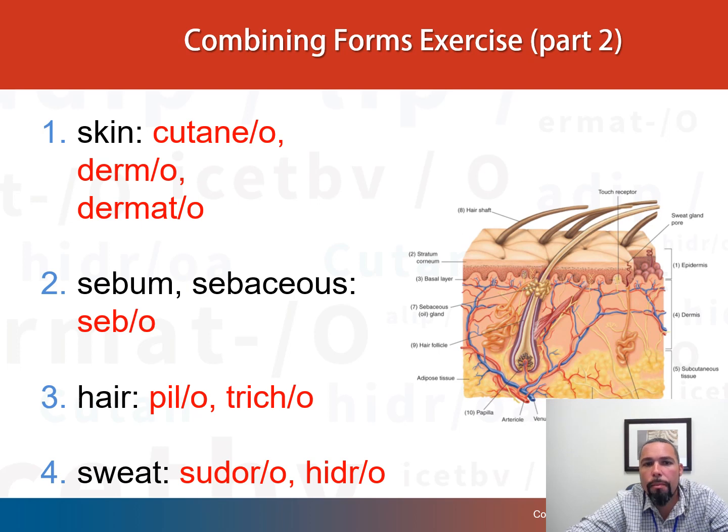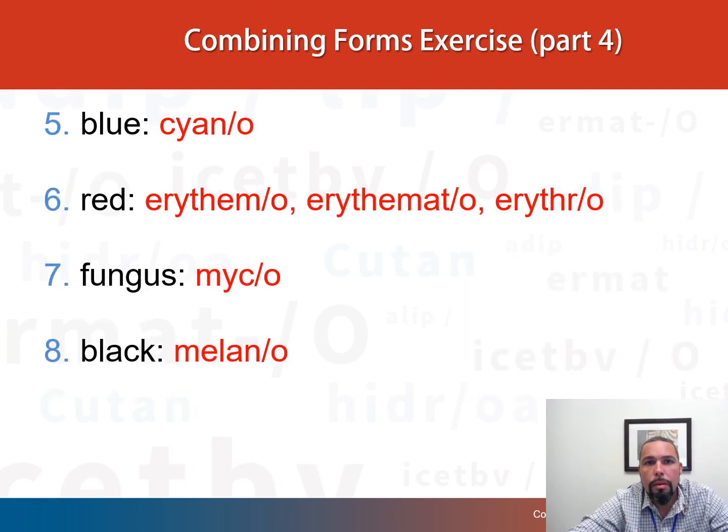Hair, the combining form being pilo or tricho, sweat being sudo or hydro. A lot of these we have already addressed in the previous slide, but blue, cyan, red, erythem, erythemat, or erythro, fungus, myco, black, melano, so melanocytes.